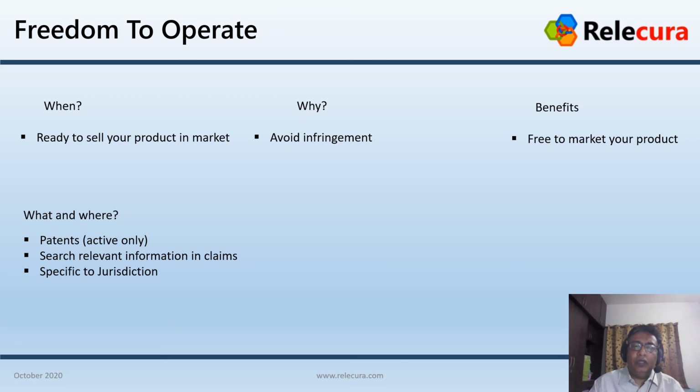And if we do a good freedom to operate search, it will tell us that we are free to market our product. In this case, we look for only active patents, and we look for the relevant information in claims, and it is specific to a jurisdiction, because freedom to operate search is related to a definite territory. Like suppose if you want to market your product in the US, you need to do the freedom to operate search only for US patents.